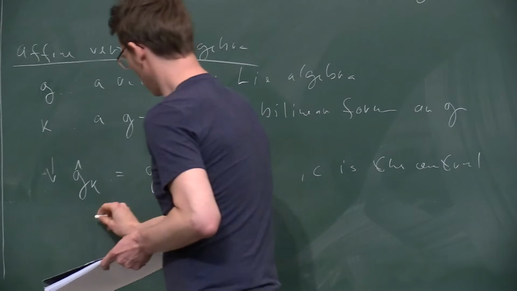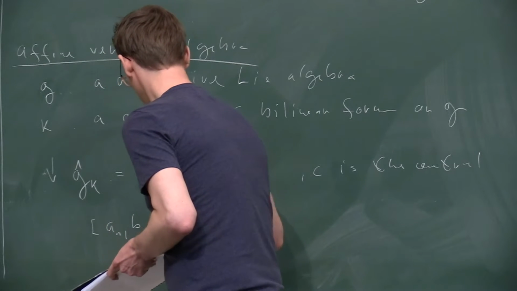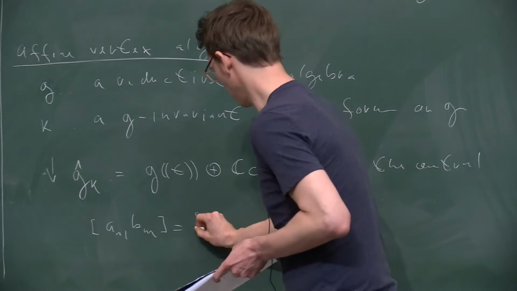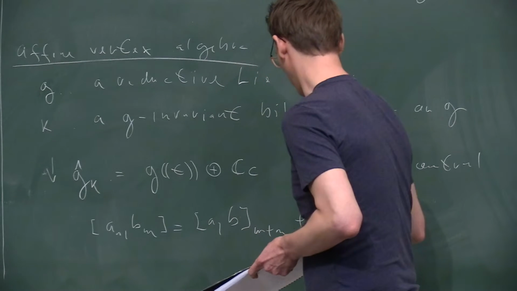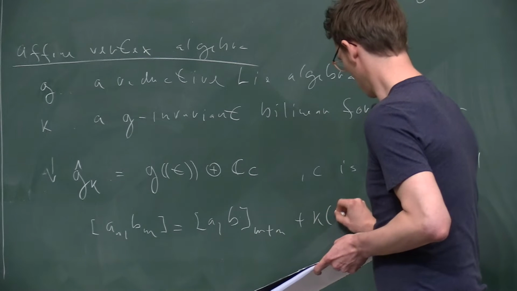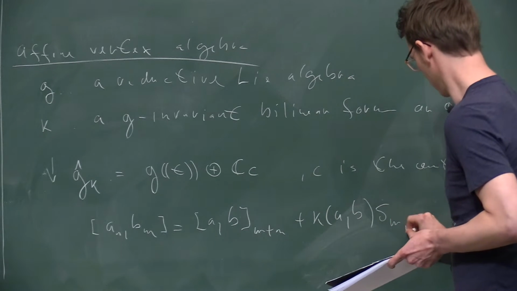If I write the bracket using the modes a_n and b_m, it's the commutator [a_m, b_n] = [a,b]_{m+n} plus the evaluation of this bilinear form times delta.